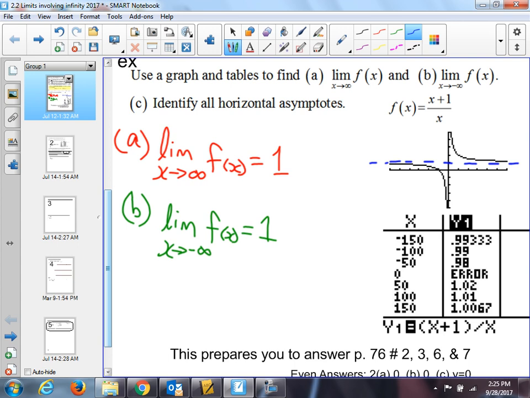So C, asymptote, y equals 1. You guys ever just say HA, horizontal asymptote? On an exam for me, I'm fine with HA if you want to say that.